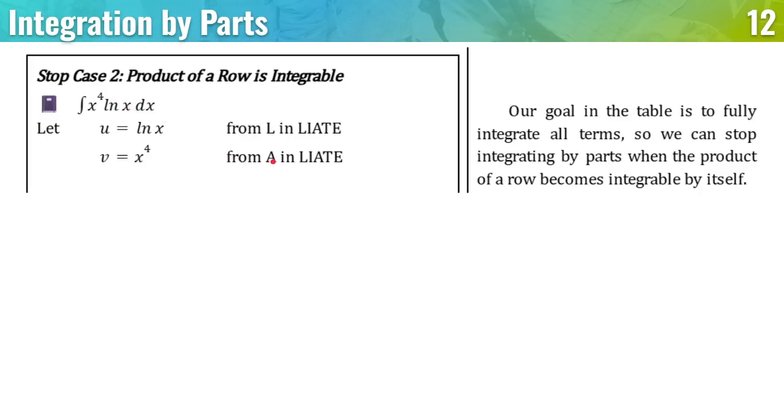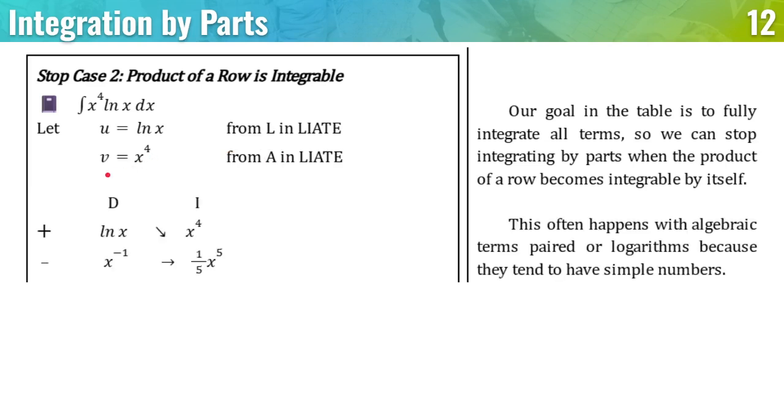And then from the A, which is algebraic, we assign X to the fourth as V. So in this column, we have starting with this, and then L and X derived once becomes X raised to negative 1. And then this one, X raised to 4, integrated once becomes 1/5 X to the 5th.